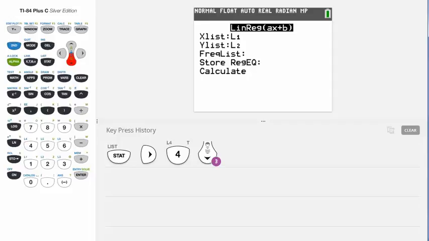And we can store our equation if we want to. I'm not going to this time, and I'm just going to go to Calculate. If you do not have the stat wizard, then you would just type, after you see LinReg, parenthesis L1 comma L2. Enter.